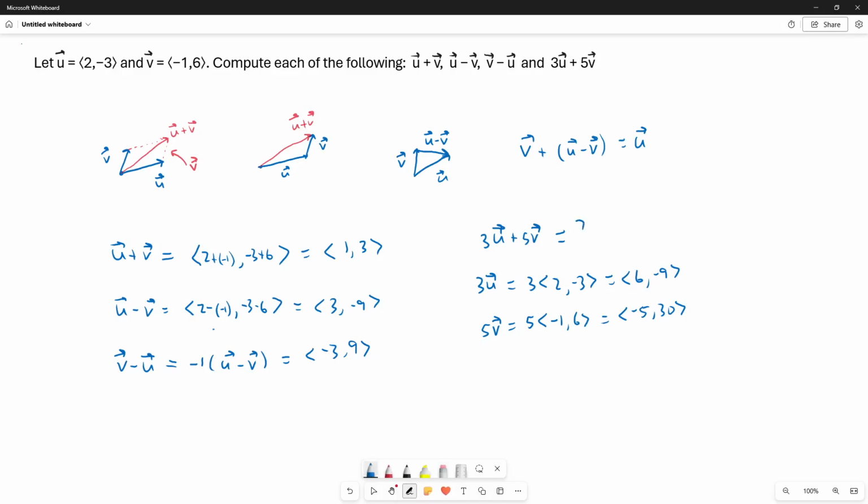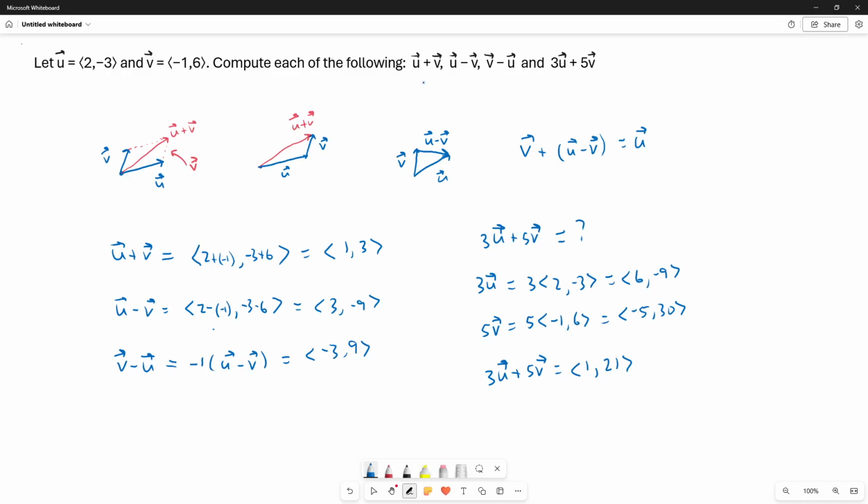Let me leave that there and rewrite it. 3u plus 5v is the sum of these two vectors. So add the first components, 6 plus negative 5 is 1, and add the second components, negative 9 plus 30 is 21. So there's 3u plus 5v.